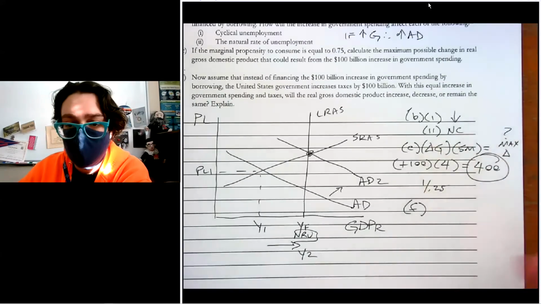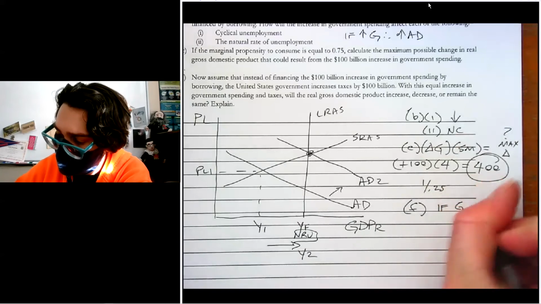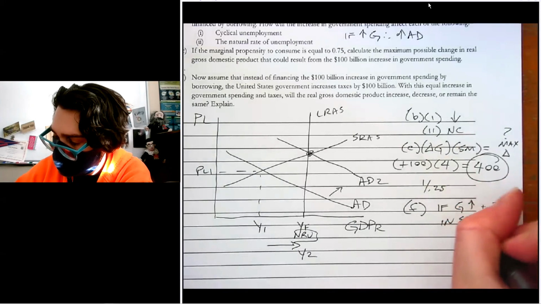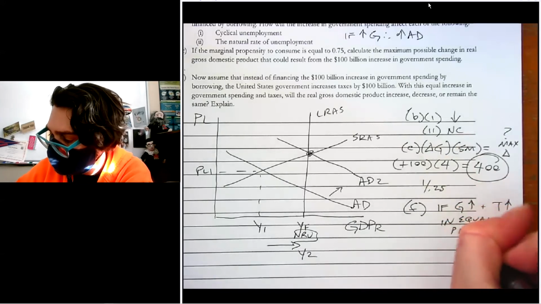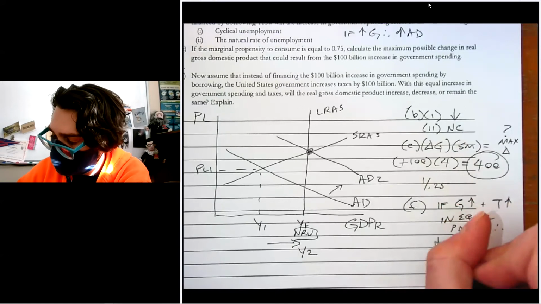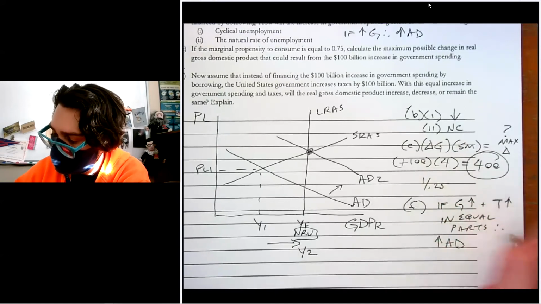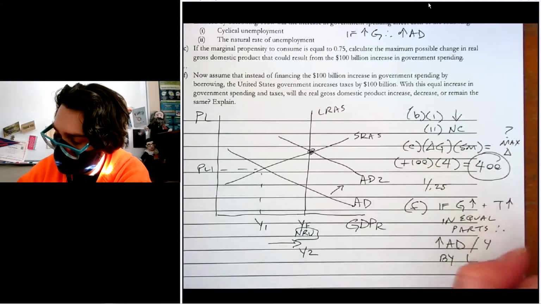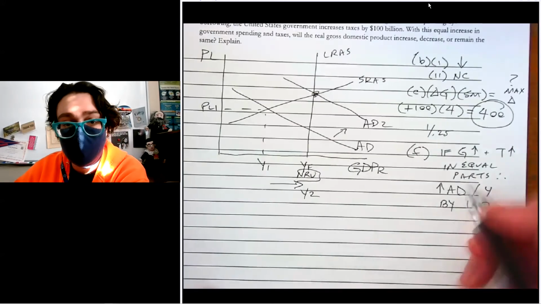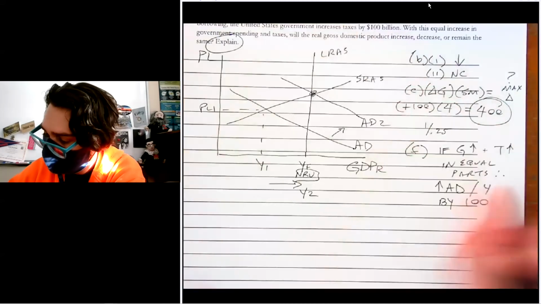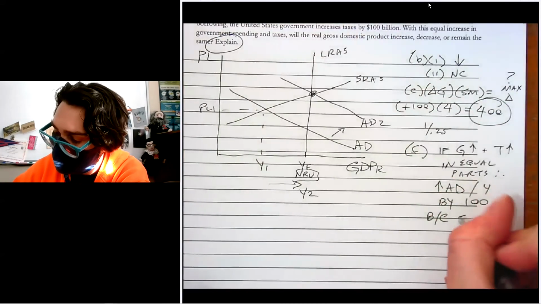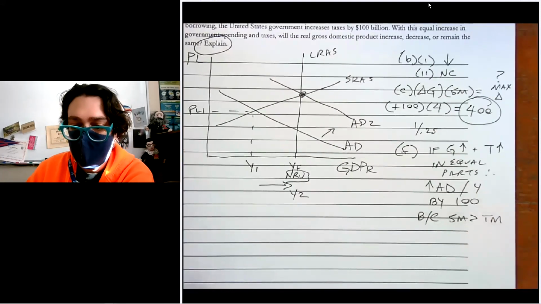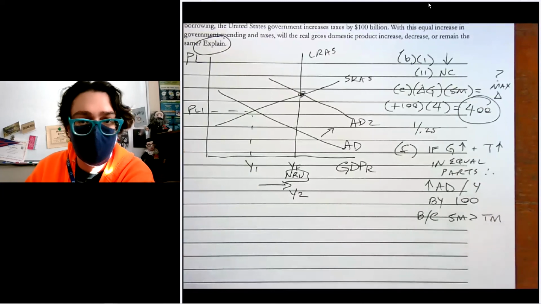All you have to know is if G goes up and T goes up in equal parts, therefore increase in aggregate demand or output by 100. And that's because, right, because it does say explain, because the spending multiplier is larger than the tax multiplier. And that's a perfectly acceptable answer to say this, because the spending multiplier is one larger than the tax multiplier.